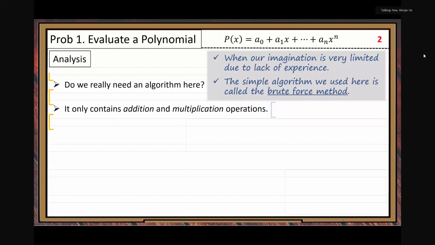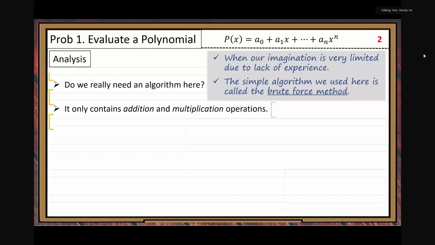The question, how do you compare additions and multiplications? Because people know you cannot compare apple with pear, right? Here it is the same: addition, multiplication, two different objects. How do you compare, right? How do you equalize two different objects? Here we want to use some fair way to equalize them.